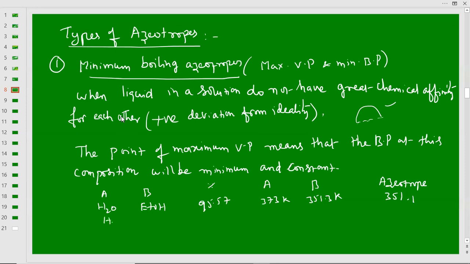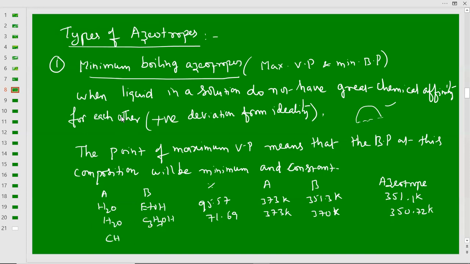Similarly, you take water and propyl alcohol. In that, the propyl alcohol mass percentage is noted as 71.69, and water, as you know, is 373 Kelvin. Propyl alcohol has a 370 Kelvin boiling point. But the azeotrope boiling point is only 350.72 Kelvin. So these are minimum boiling azeotropes we can see.